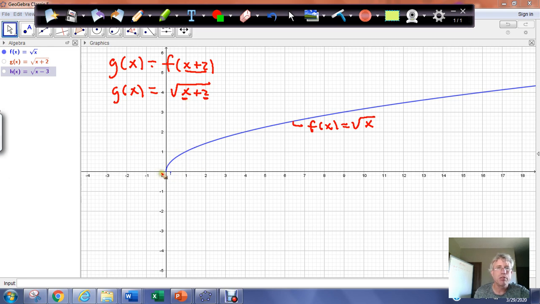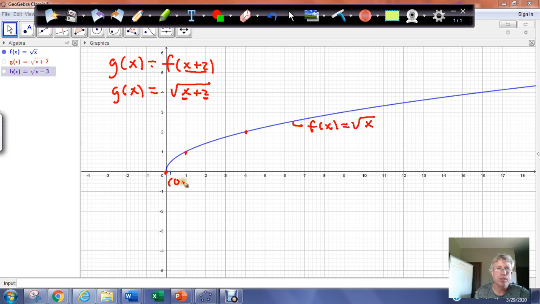So step 1 in graphing g by using the toolbox function f is to take your toolbox function and draw it. I already have it on the screen. You typically won't, but you'll be told what the toolbox function is. Then once you draw it, draw in those key points that we drew in video 1. Give yourself about 3 key points.